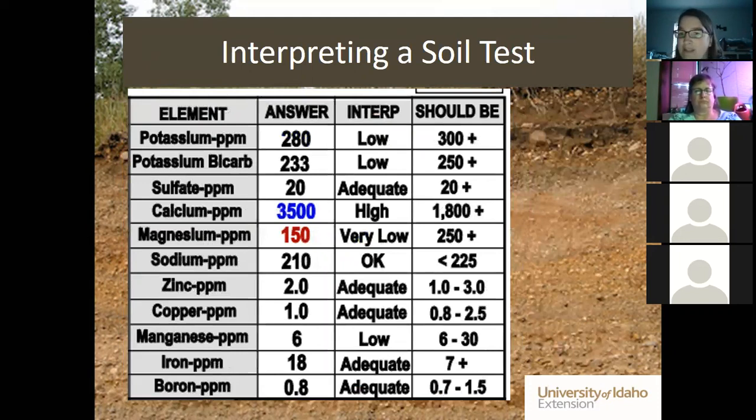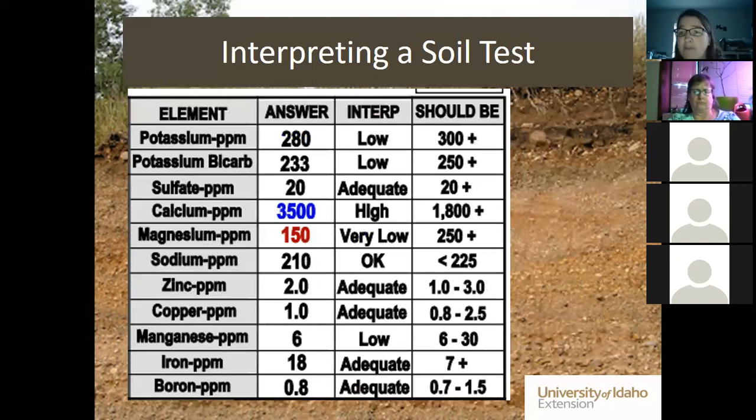It has calcium at 3,500, which is showing as high. Magnesium at 150, which is low. Sodium at 210, which is okay, but getting to that edge of 225. But it showed that it wasn't very high in soluble salts, or it was still okay in soluble salts. Zinc is at 2, copper at 1, manganese at 6, iron at 18, and boron at 0.8.